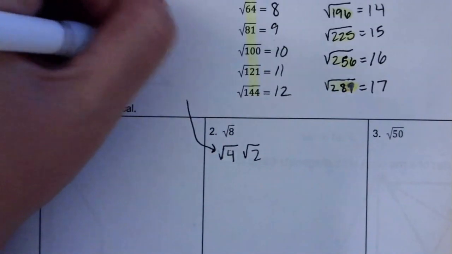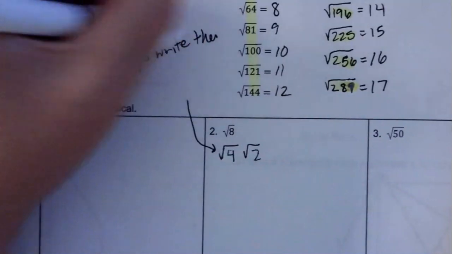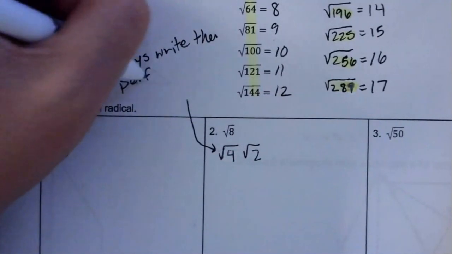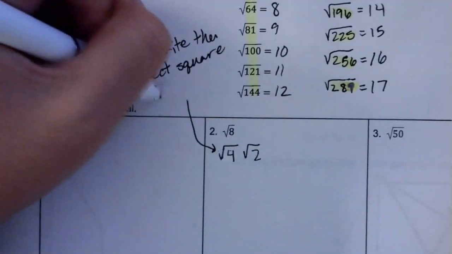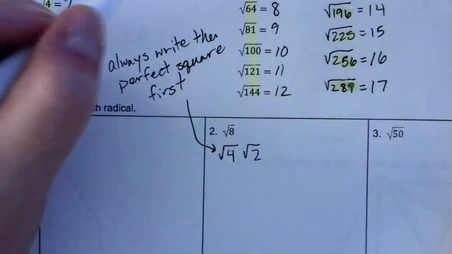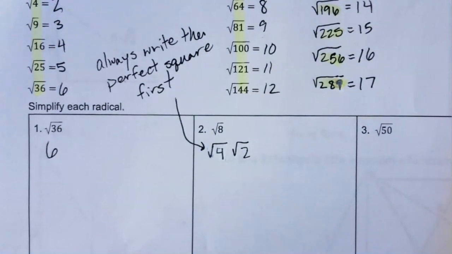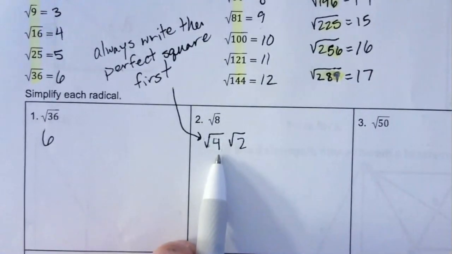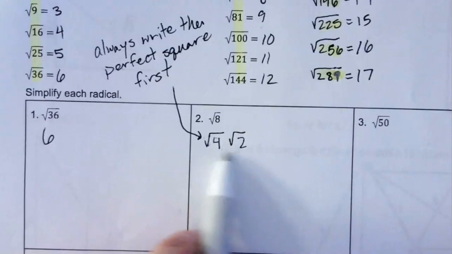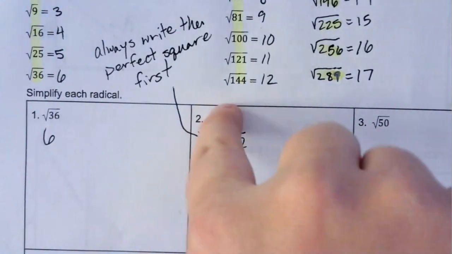Always write the perfect square first. All right, so 4 is written first, and 4 times 2 is 8, and then the square root of 4 is 2. So you have successfully now simplified the square root of 8.